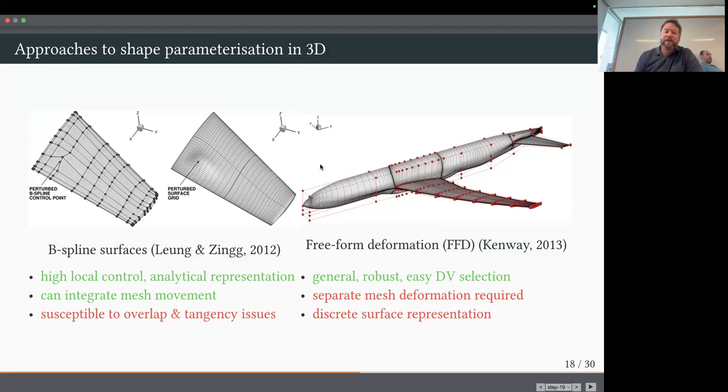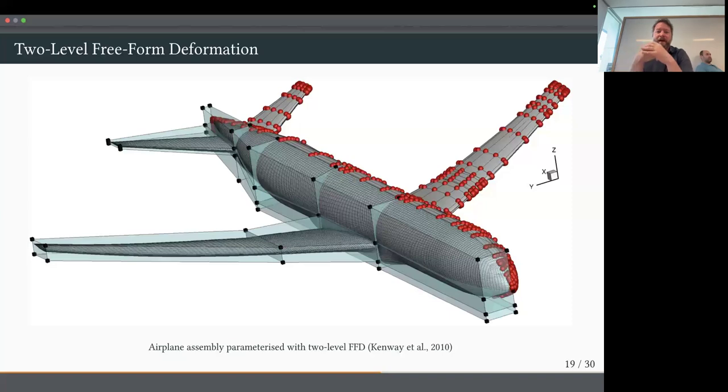What we've done is combine the two ideas. Hopefully, like most hybrid things, you get the best of both worlds and avoid some of the pitfalls. So that's this idea of two-level freeform deformation. So what am I showing here? We have some aircraft. We're going to use B-splines to parameterize the surface. Those B-splines happen to have control points.